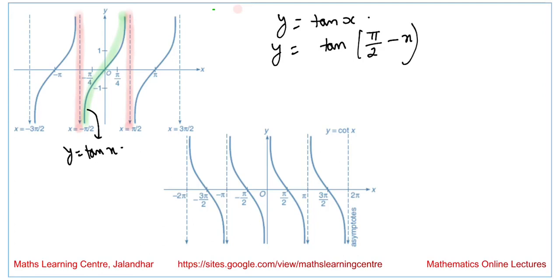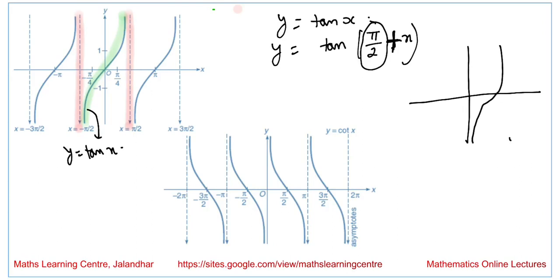If we want to draw the graph of y equals tan of pi by 2 minus x, or in place of this, say x plus pi by 2, the graph we obtain will be of this form.